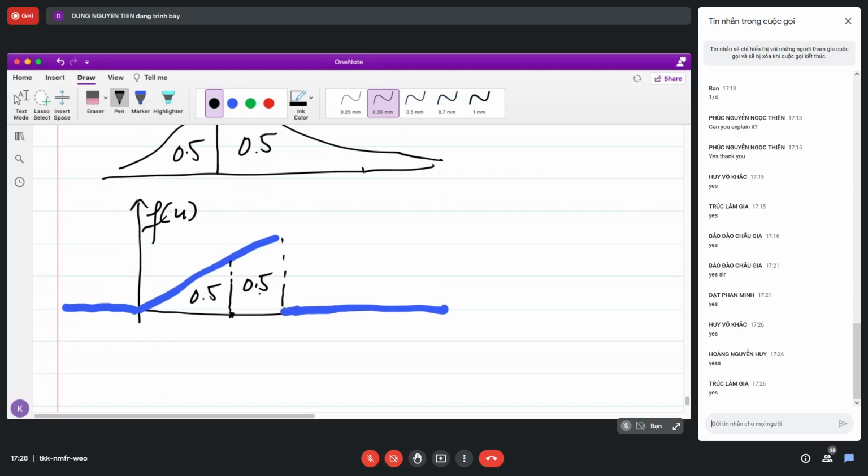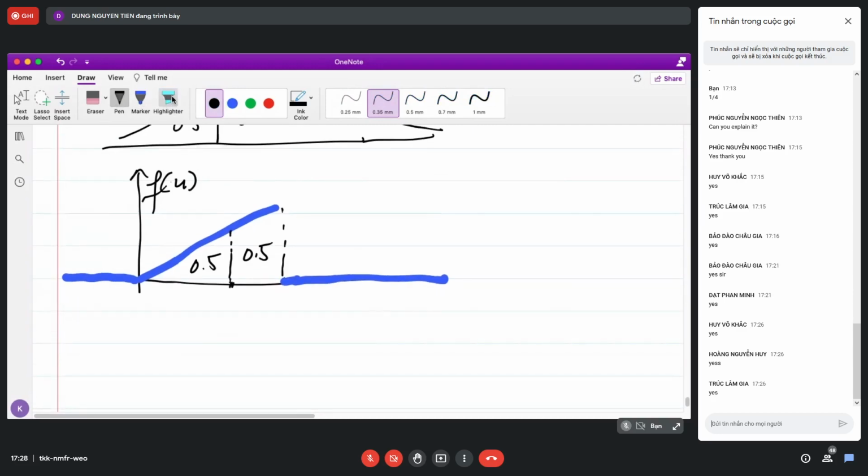And then I can consider this area. You see that we have two triangles, the blue one and the yellow one.